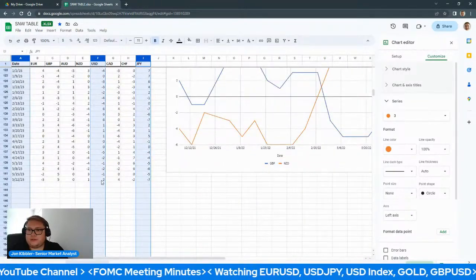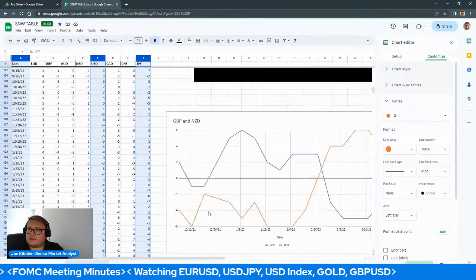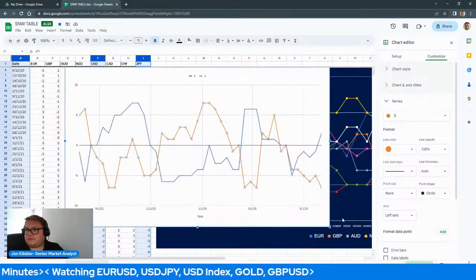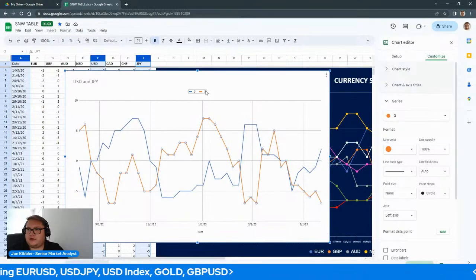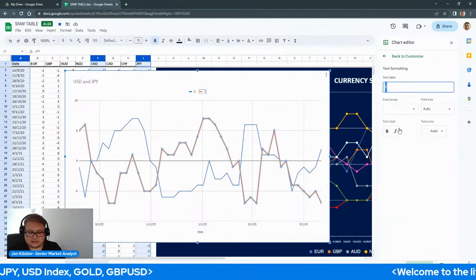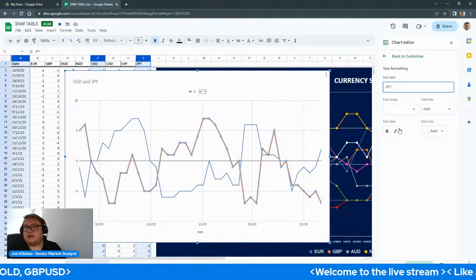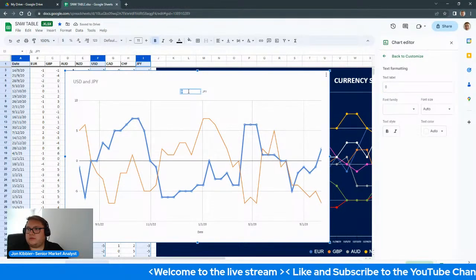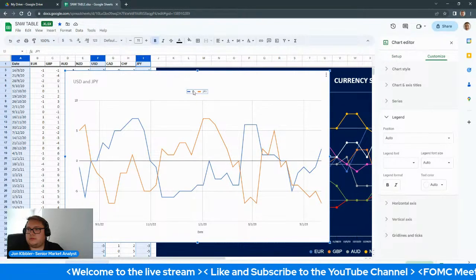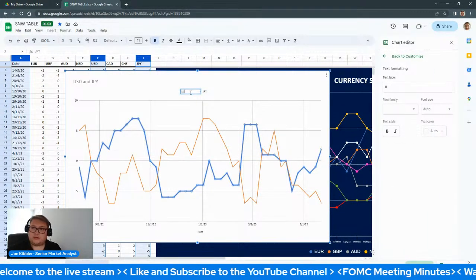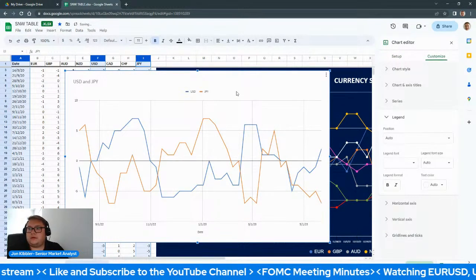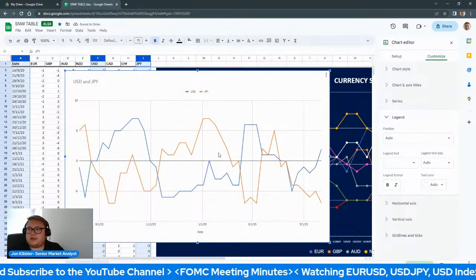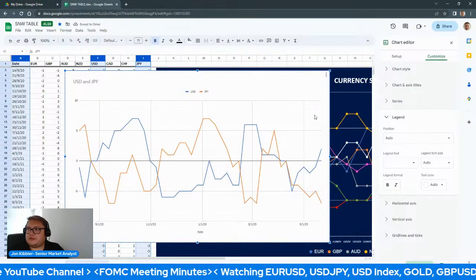The dollar was 2 and yen was -7, so I know that the orange one is yen. So your text label, you can just say yen. And then here, just put US dollar. Right. So now you've got a graph that's just comparing the dollar against the yen.